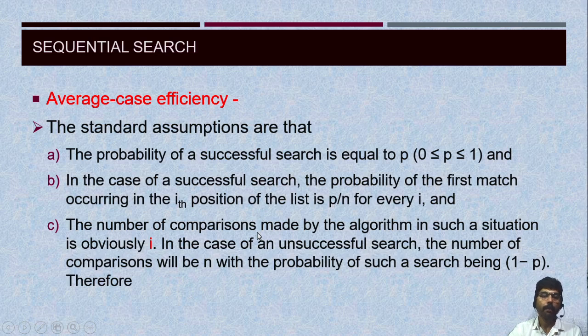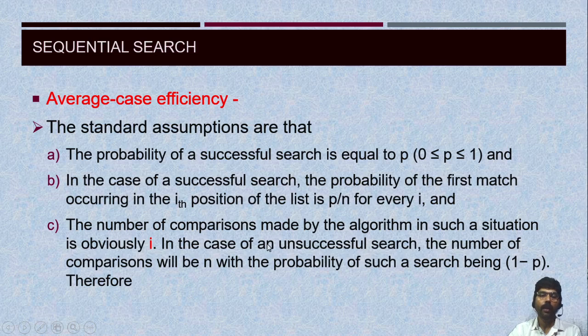Okay, for every i, that is i into p by n. The number of comparisons made by the algorithm in such a situation is obviously i. In case of an unsuccessful search, the number of comparisons will be n, with the probability of such a search being 1 minus p.